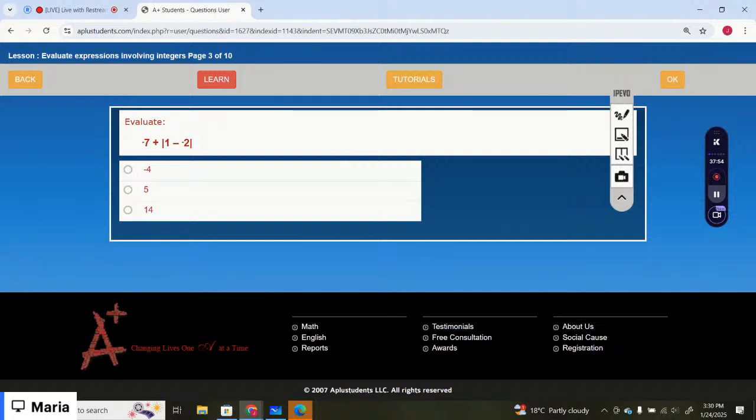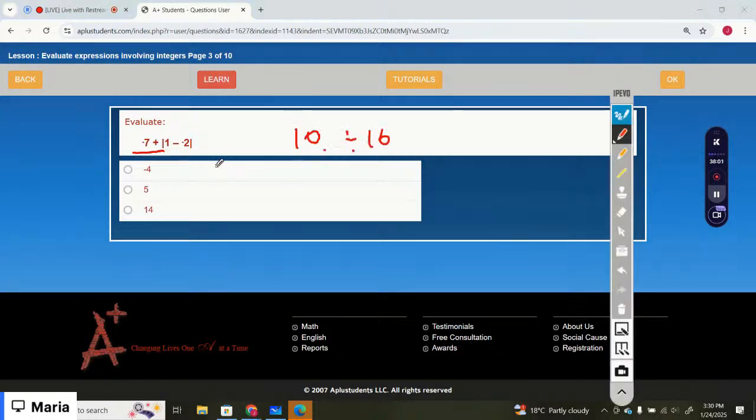Negative 7 plus the absolute value of 1 minus negative 2. You have to evaluate the absolute value first. The absolute value has the higher priority, and absolute value means the answer is always positive. 1 minus negative 2: subtracting a negative number is the same as adding. So when you add, that would be 3. 3 is already positive, so the absolute value is a positive 3.